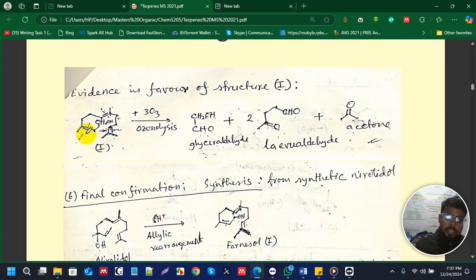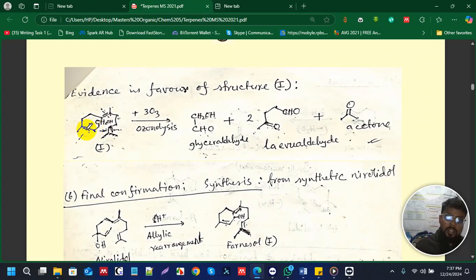We know that a compound containing a carbon-carbon double bond will show the ozonolysis reaction, in the presence of methyl sulfide. When we break down this double bond, one side will take the ketonic form, and the other side will take the aldehydic form.